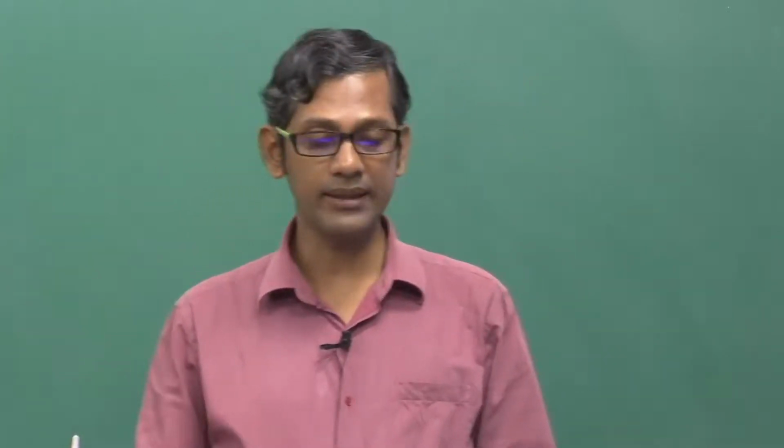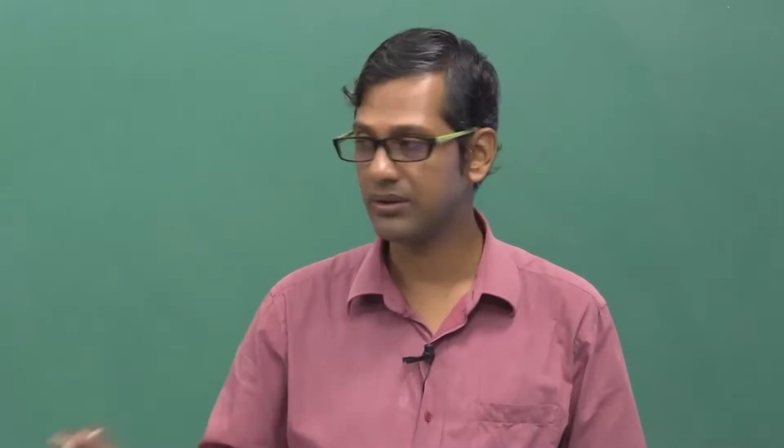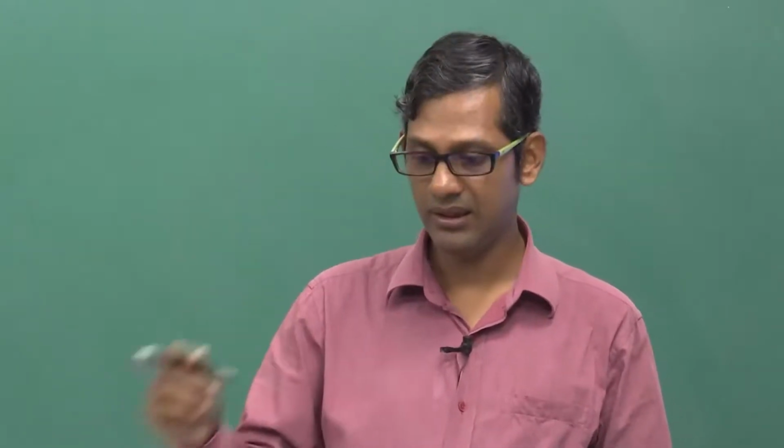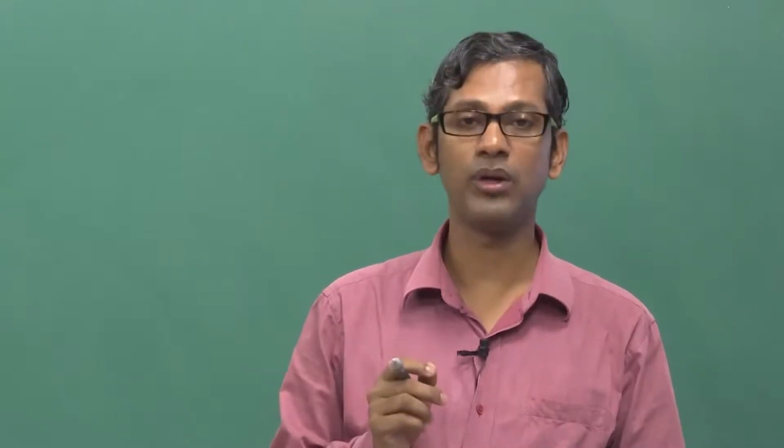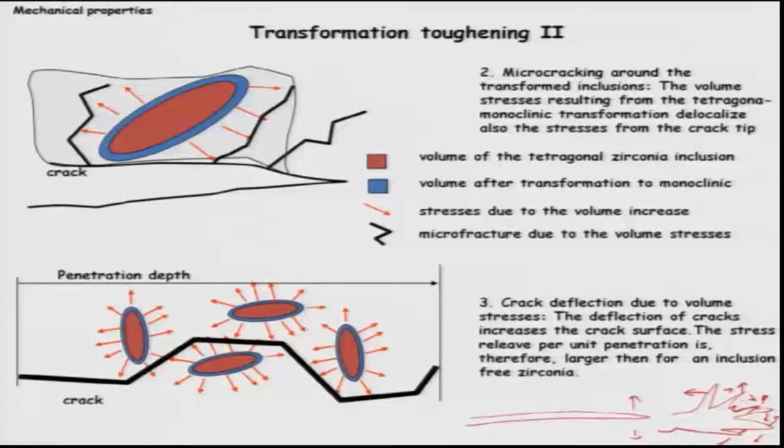If I have micro cracking around the transformed inclusions, micro cracking means a very small level of cracking. This one I have drawn is even bigger, it can be smaller. The volume stresses resulting from the tetragonal to monoclinic transformation delocalize the stress from the crack tips. Okay.